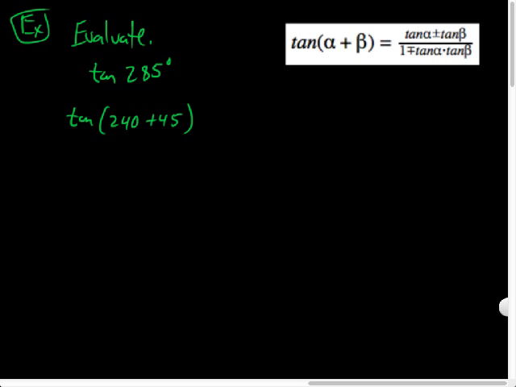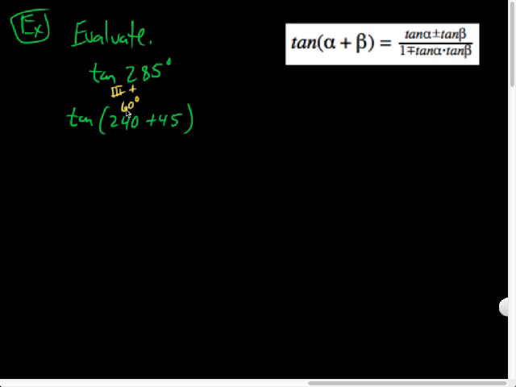If I find the reference angle, is that an angle that I'd be familiar with? Actually, what quadrant is 240 in? Yeah, that's quadrant 3, and that is 60 degrees from the x-axis. So this is the same as 60 degrees-ish. But is tangent positive in that quadrant? Yes, it's positive in that quadrant, so that's great news for us.